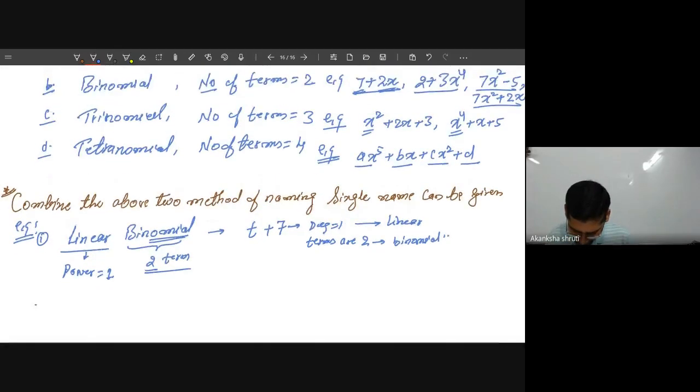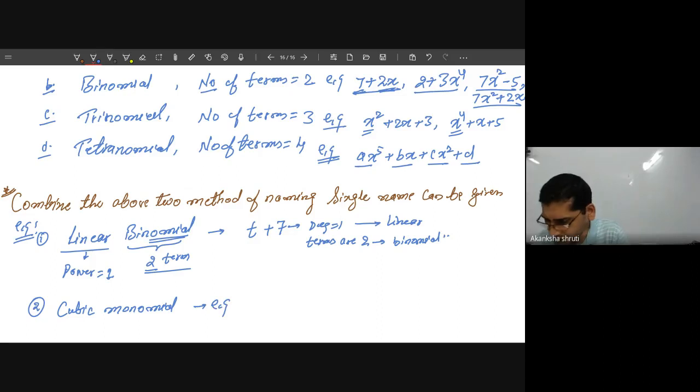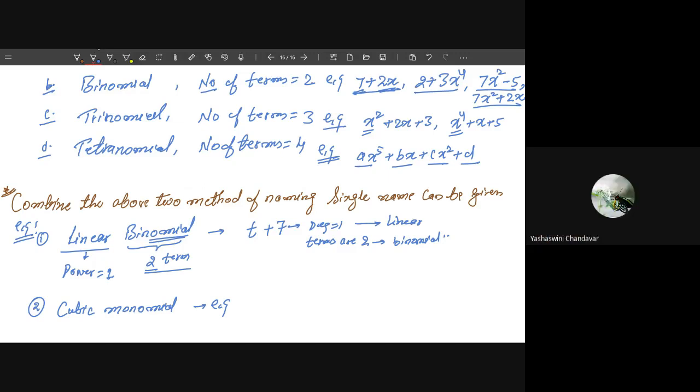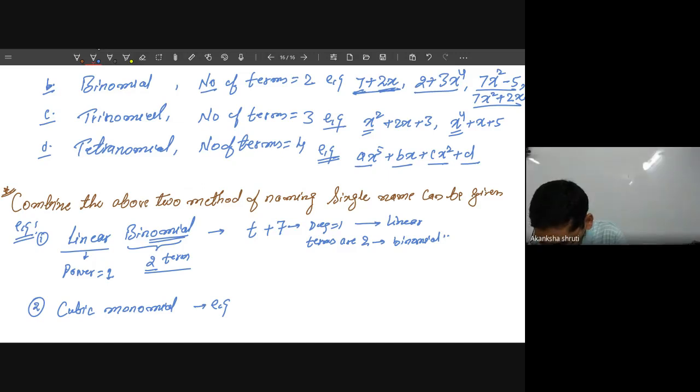A student, you please tell me one example of, say, cubic monomial. Can anyone tell me one example of this cubic monomial? Tell me quickly. x cube. Yes. If it is monomial, it means only one term that you have to write.